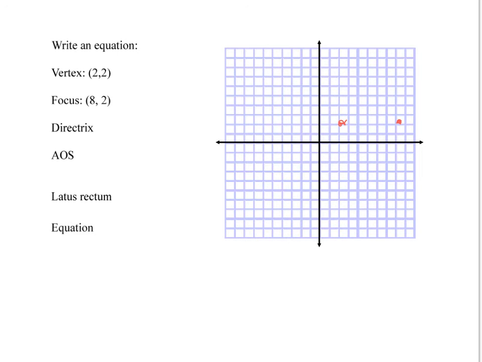This length right here in green is going to be my P. It's between the vertex and the focus, so P is equal to, it looks like, 6. My directrix then is going to be 6 places over to the left, so 6 places from here to get to my directrix. My directrix is going to be at x equals -4.